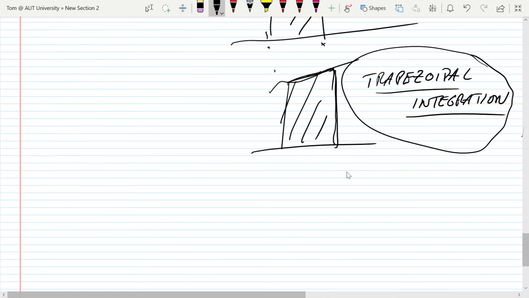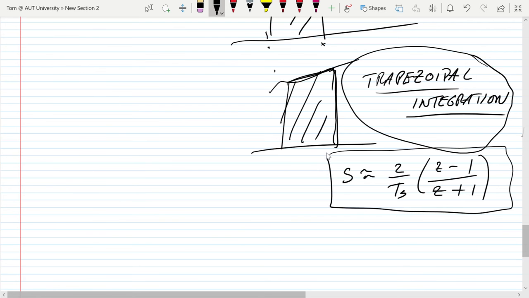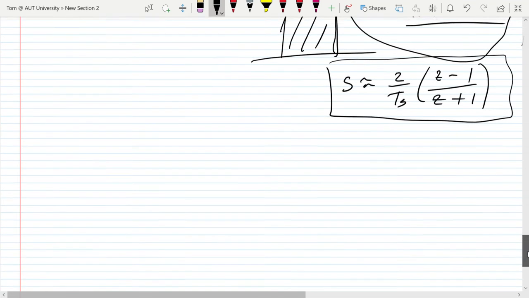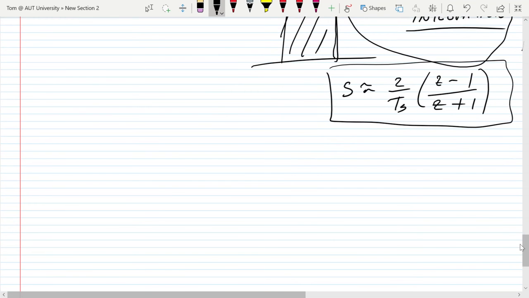So we're going to use this approximation: s is approximately equal to 2 over the sampling interval, times z minus 1 over z plus 1. We're just going to use a straight substitution. And as I say, the fine details you can figure out at a later date.